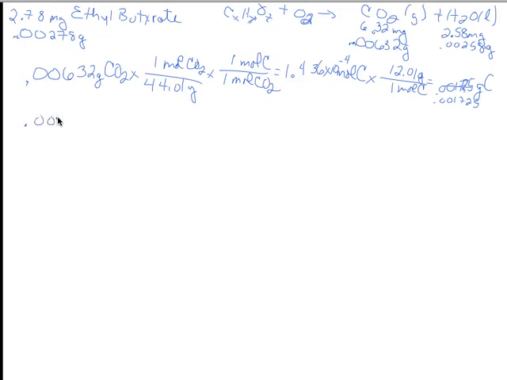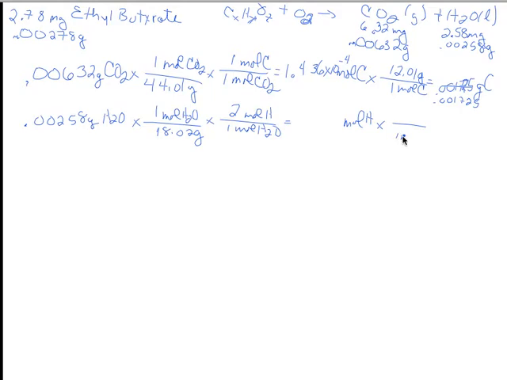So now let's do the same thing for the water. Start off with 0.00258 grams of H2O. Convert that to the moles, 18.02 grams in 1 mole H2O, times in 1 mole H2O, I get 2 moles of hydrogen. I'm going to calculate that number, and then to apply that conservation of mass, I'm going to find the grams of hydrogen.